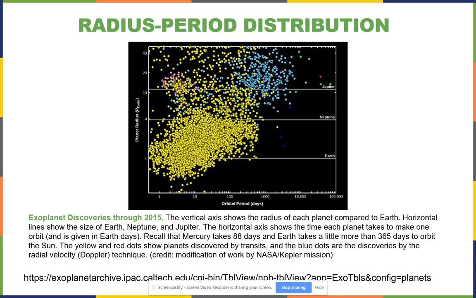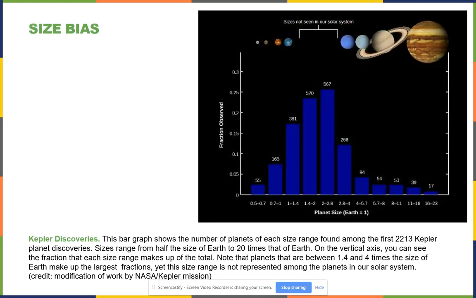So what do we see there? Well, we see that there are a lot of planets that have been found that are in the range from Earth size to Neptune size. Not so many beyond that. We're going to see some histograms breaking that down better by size. So here's one histogram. This is showing how big the planet is, 0.5 to 0.7.